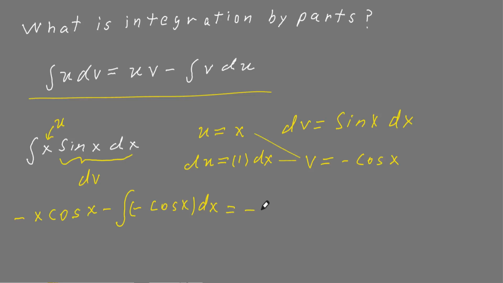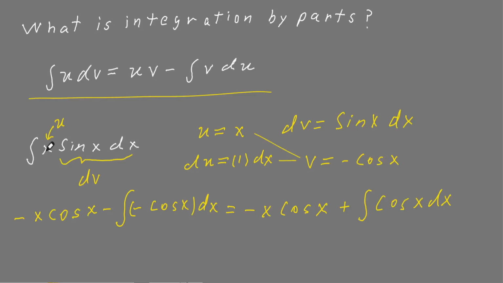So that's equal to minus x times cosine x. And I'll take this minus sign and I'll bring it outside the integral, so I'll have plus the integral of cosine x. So when you differentiated the x, you just got 1. So when you set up the integral, you're only left with an integral of cosine x.